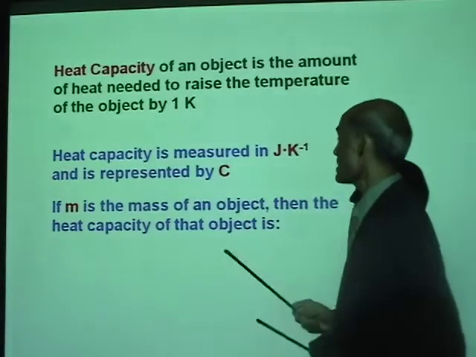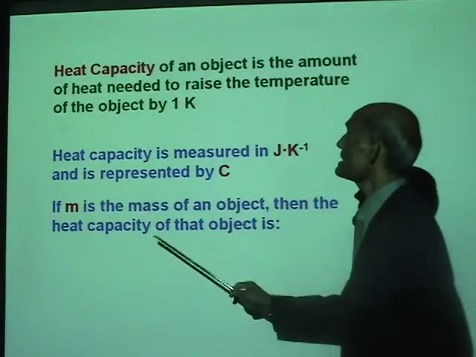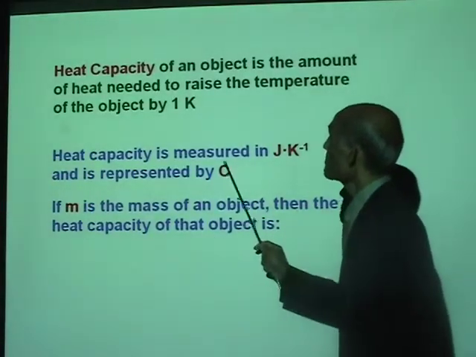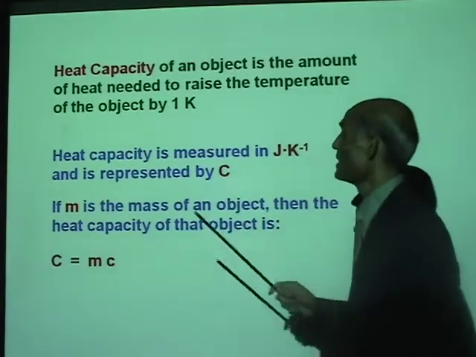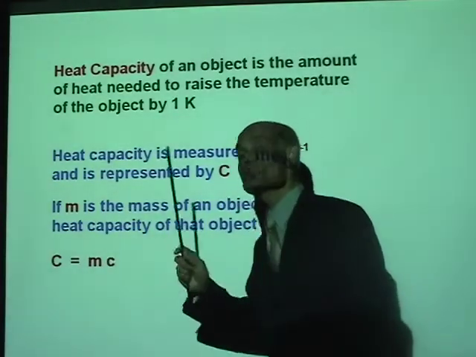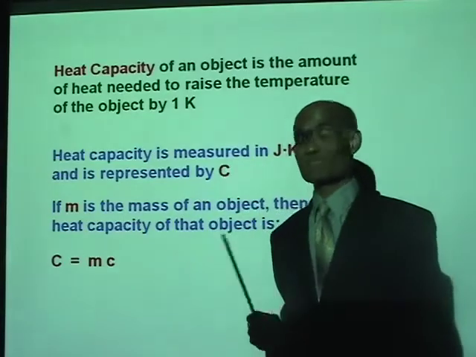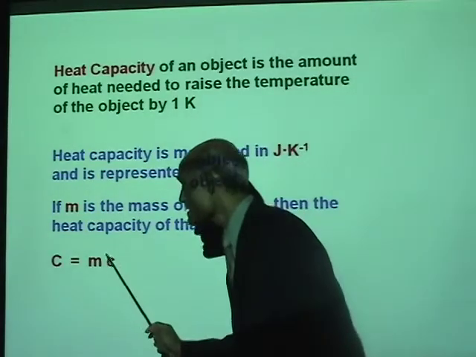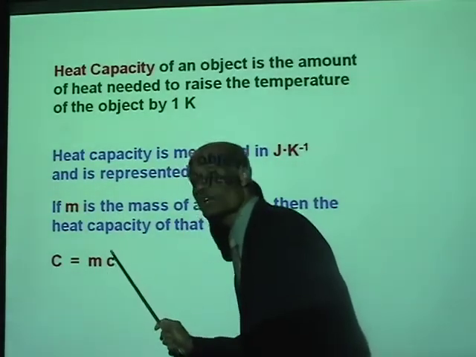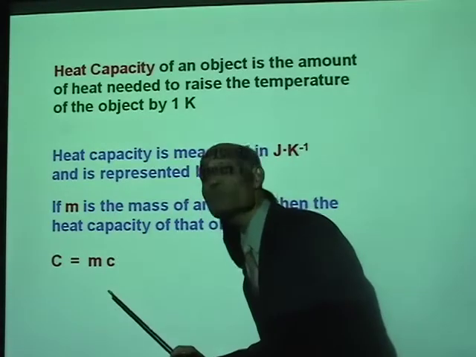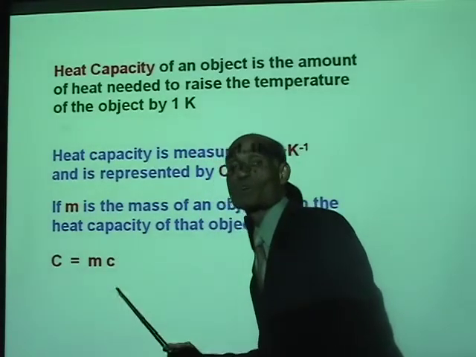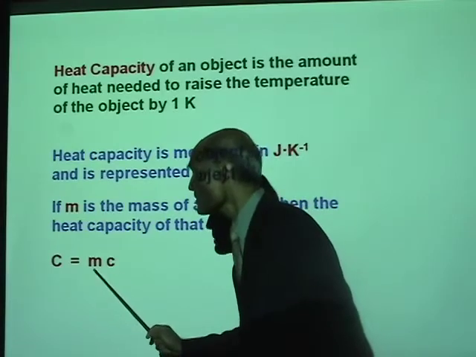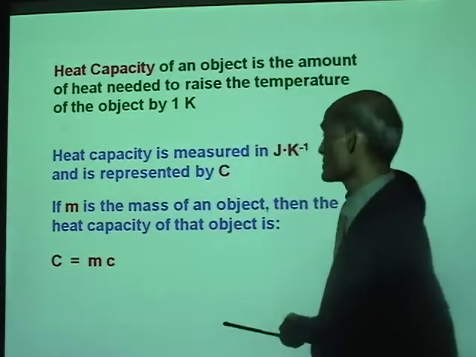If m is the mass of an object, then the heat capacity of that object, uppercase C, will be mass times the specific heat. If specific heat is the amount of heat per unit mass, then the total amount for the whole object will be mass times specific heat.